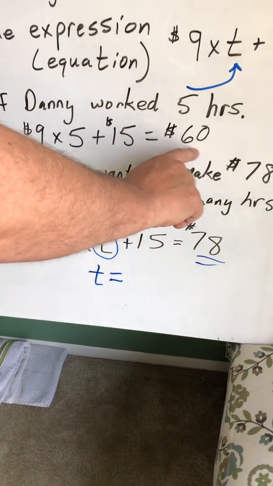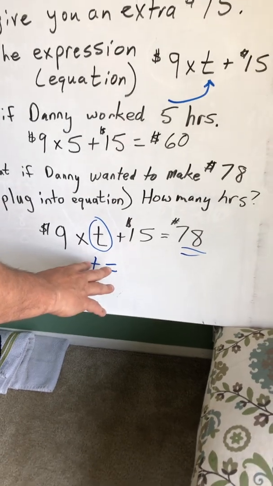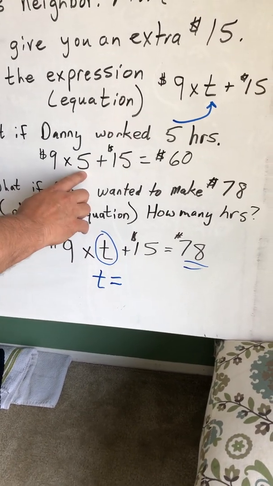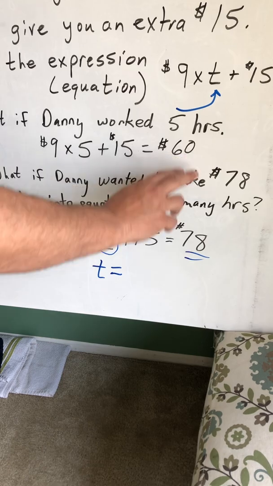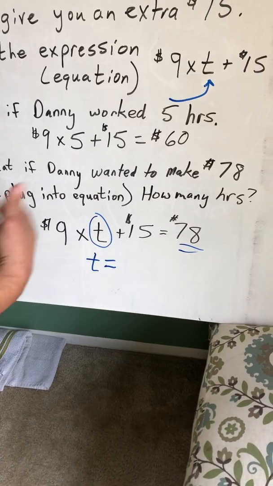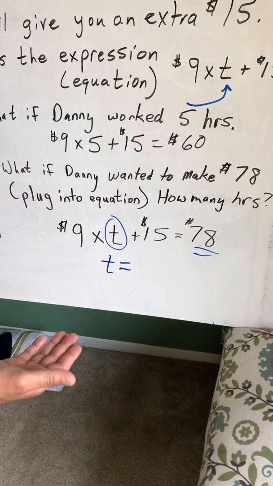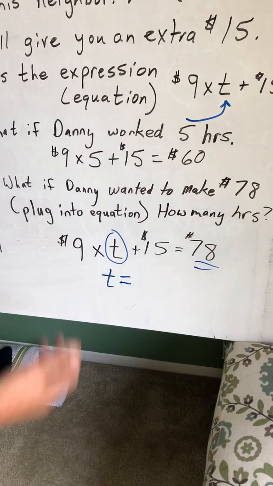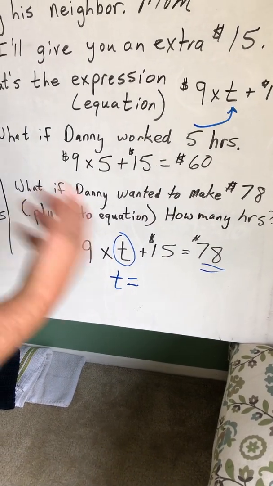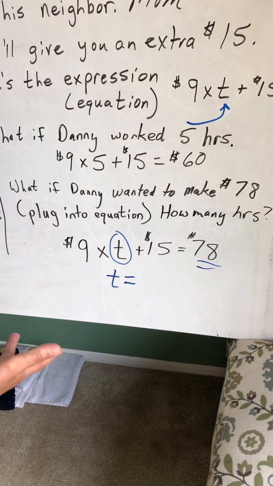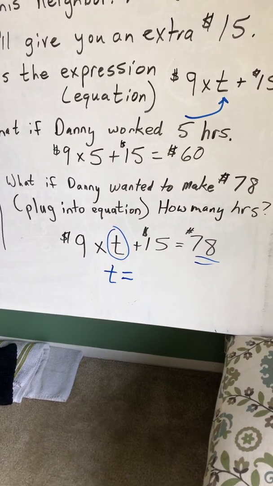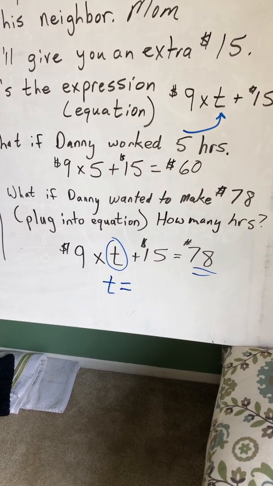You can use that information to help you here. So he's only at $60 here and he wants 78, so you're going to have to go up on the hours. So guess and check. Try 6, try 7, try 8, whatever you think. But then that'll tell you T equals.